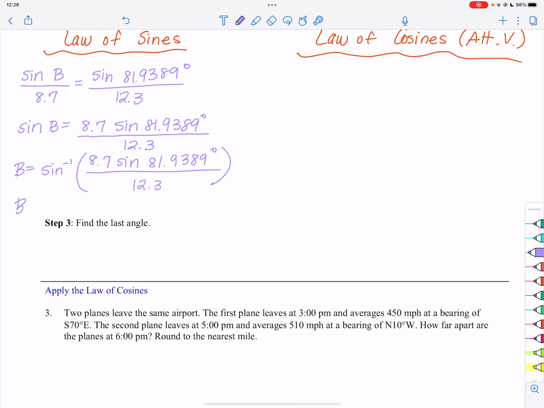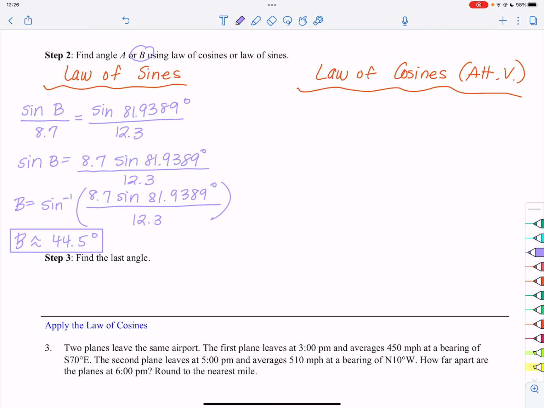And we get that B is approximately equal to 44.5 degrees. Okay, let's see if we can come up with the same angle B using the law of cosines.